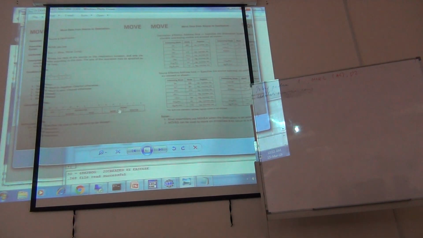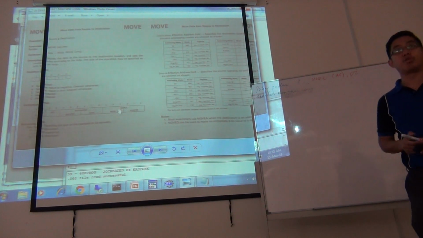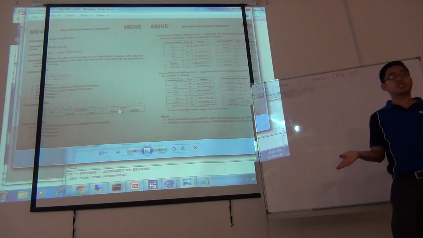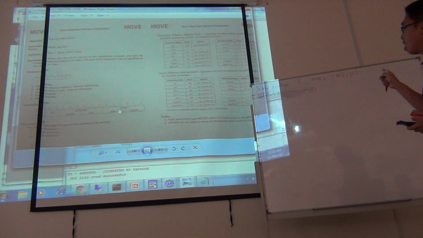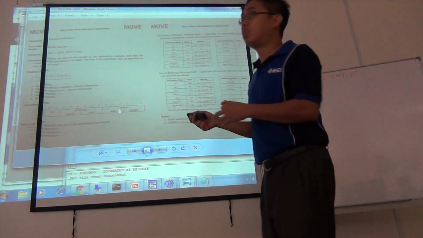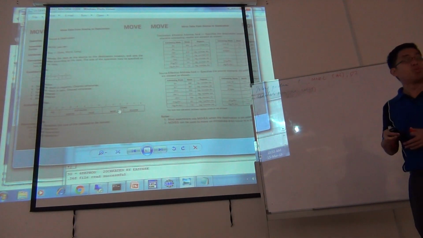So refer back to the data sheet. The first two numbers are the same, 0, 0. Now fill up the next one. This is move.long. Long is equivalent to what? Long is equivalent to 1, 0.